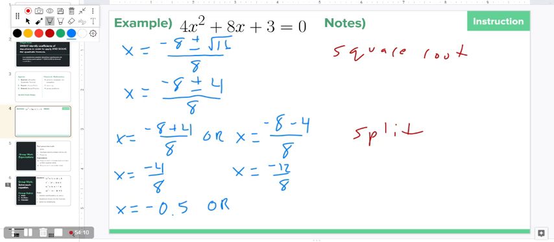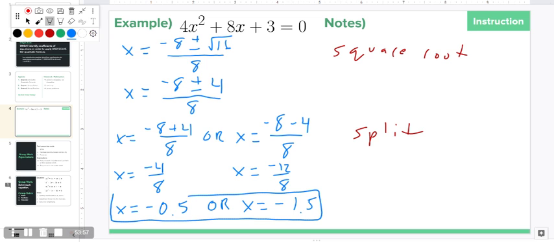Okay, and in this case, that would be negative 1.5. Those are our two answers there. Okay, x can either be negative 0.5 or x can be negative 1.5.